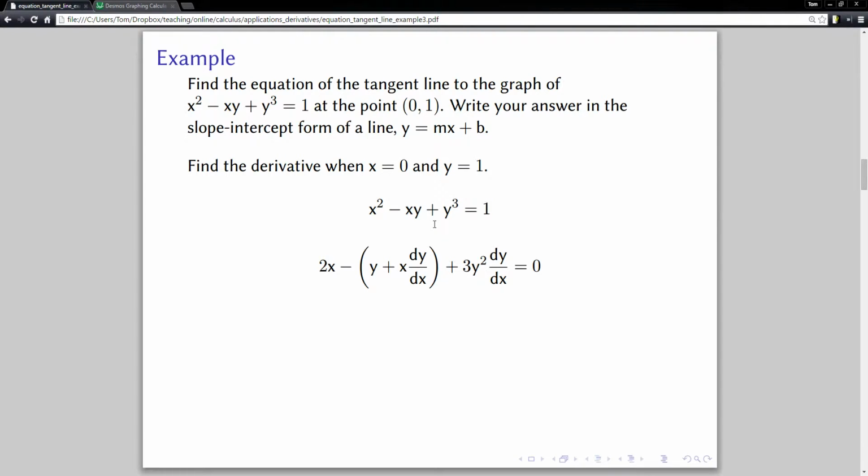Next, I would add the derivative of y cubed. That would be a chain rule problem because y is taking the place of some more complicated function of x. So I'd use the power rule on it first, the derivative of the outside. I'd bring this 3 down, drop the power by 1, and leave the inside alone. So I have 3y squared. And then the last step of the chain rule says to multiply by the derivative of the inside part.